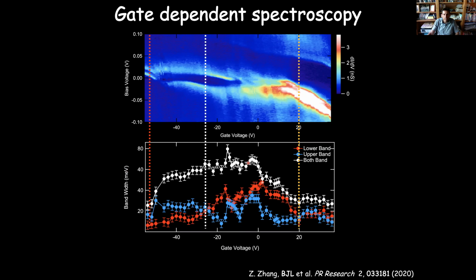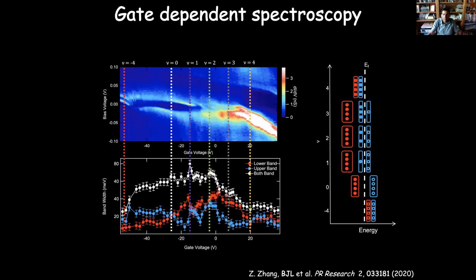The white one is telling us how strong the interactions are. The fact that the white one is very much enhanced in this region tells us the interactions are strong. The bands themselves are quite narrow, but they have some oscillations as they get filled, as they have 1, 2, 3, 4 electrons in them. There are oscillations in their width as the interactions change.